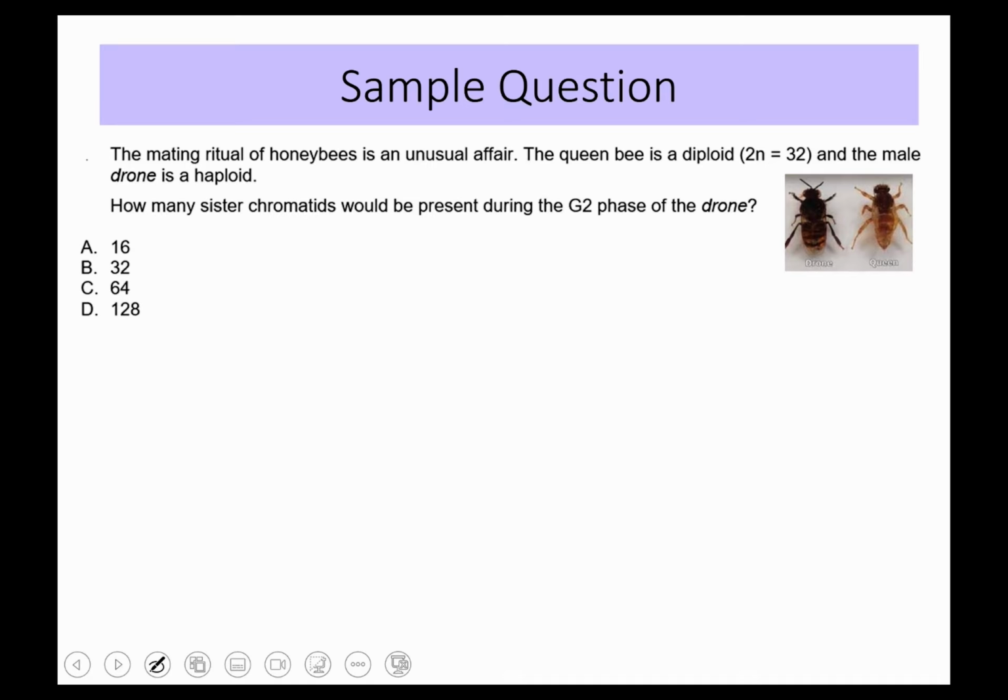The way to do it is to take sister chromatids and change it to chromosome. Take G2, change it to G1 or S or M, and take the drone, that's a haploid, and change it to the queen bee, that's a diploid. You will have beautiful combinations to work with, and the answer keeps changing each time. And this was a great exercise.